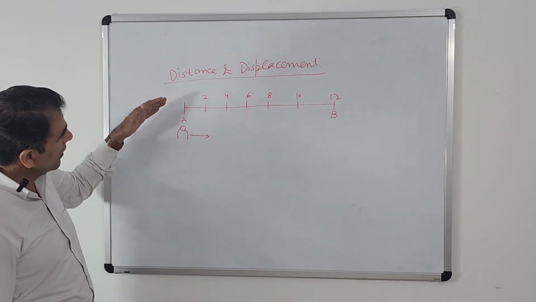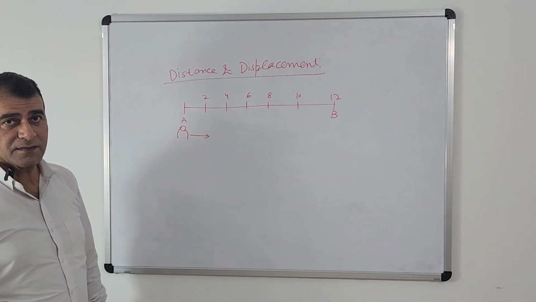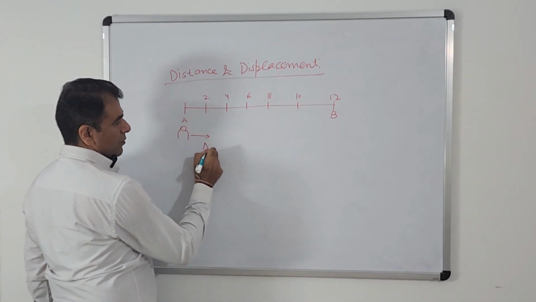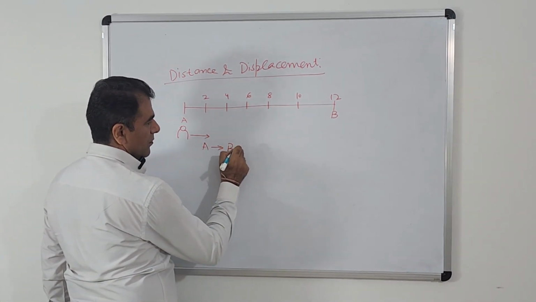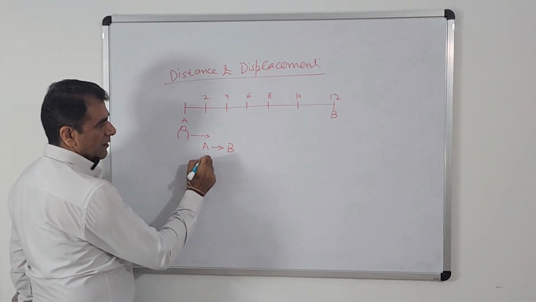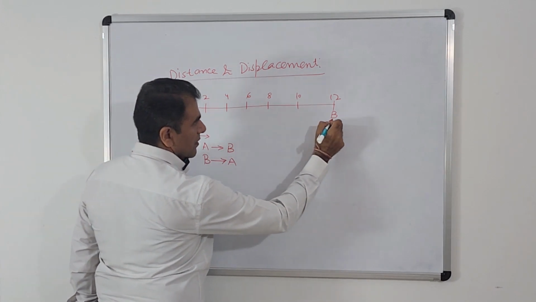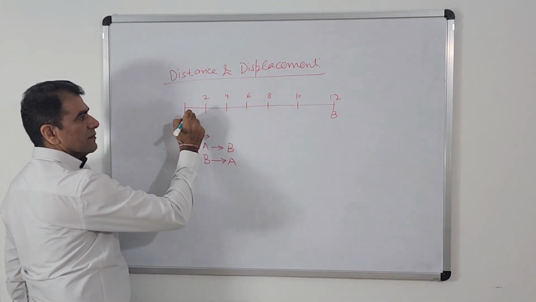right? So what is the distance? When I say person moves from A to B and then it comes back from B to A, right? It goes here and then come back here.